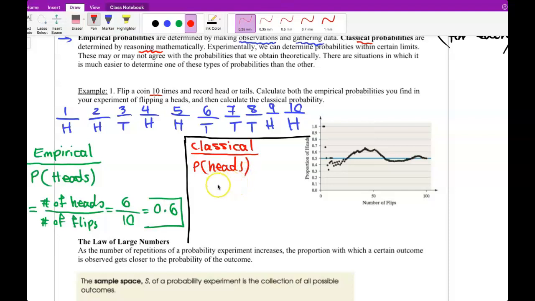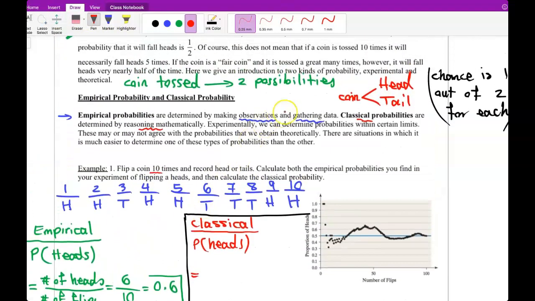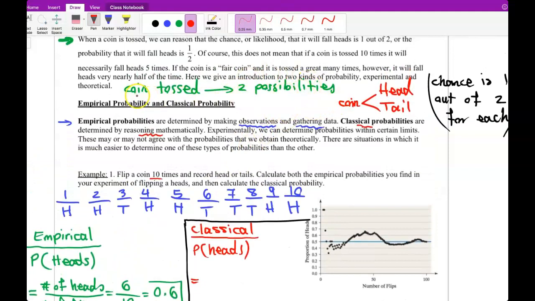So the probability of heads is equal to, again, the number of heads on the coin. Here we had data based on our observations, but the classical one is based on what we have here on top: when we use a coin, we have two possibilities, one head and the other tail. The chance for each one is 1 out of 2.